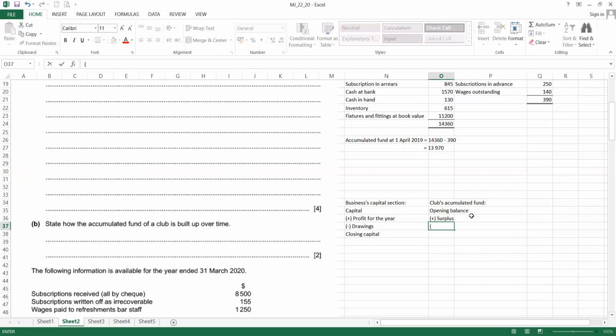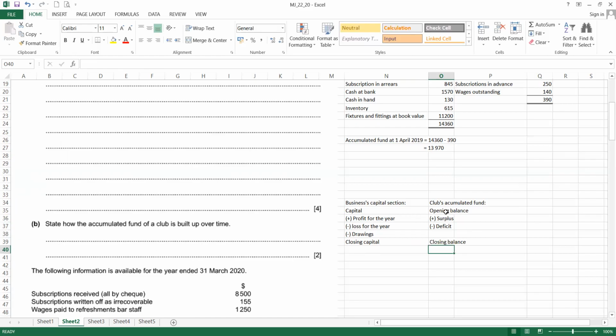If they have losses, then we call it a deficit. This is profit, this is a loss. Same thing; to be more accurate, this one should be loss for the year. Side by side is easier for you. But here, they do not have drawings. And then we have the closing balance for the accumulated fund.